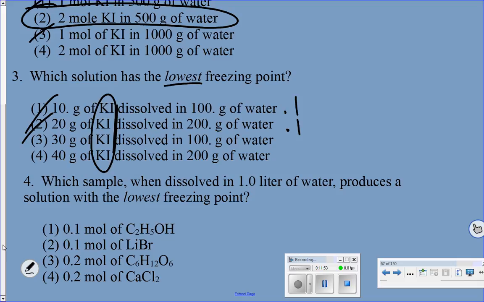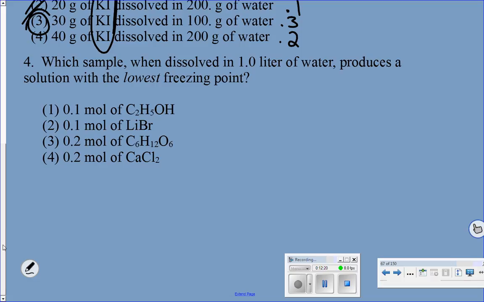And then the 30 and the 40. So if we do 30 over 100, that would be 0.3. That's a lot of KI in the smallest amount of water of any of them. And if we do 40 over 200, we get 0.2. Sorry. So our most concentrated, the highest ratio of our solute in solution is with choice 3.